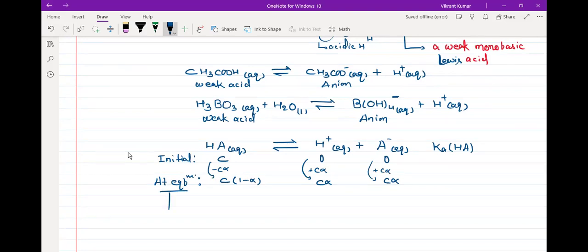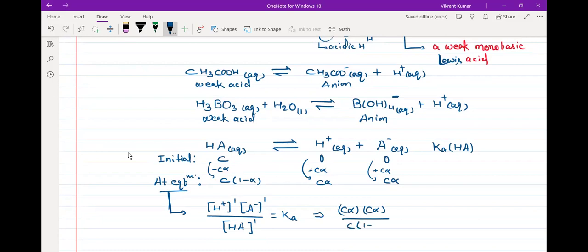That's why at equilibrium, what we are writing, H plus raised to 1, A minus raised to 1, these are the coefficients which I'm writing as a power, that will be equal to K of the acid. So we can write C alpha into C alpha upon C into 1 minus alpha, वो मैंने पहले भी लिखा था तुमको, that is equal to K. So ultimately we are getting, अभी के लिए मैं इधर ही लिखता हूँ इसको, C alpha squared by 1 minus alpha equals K.